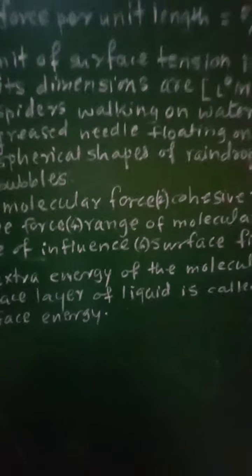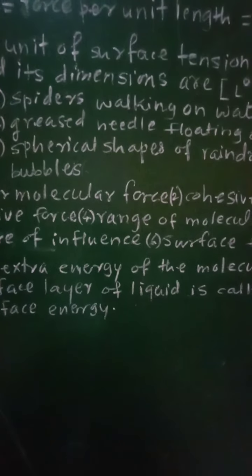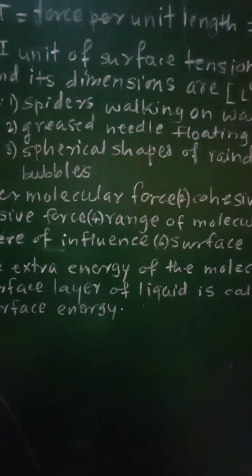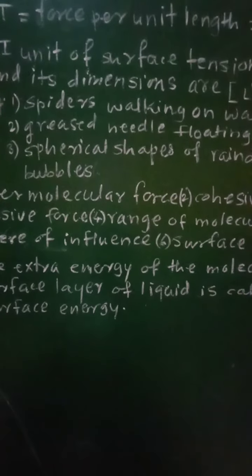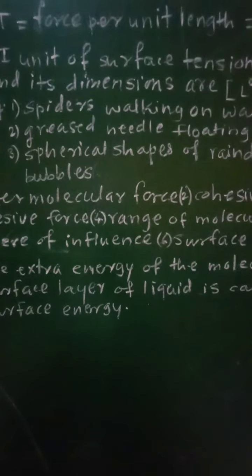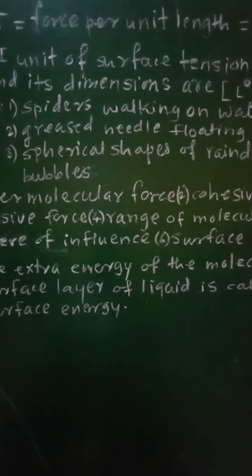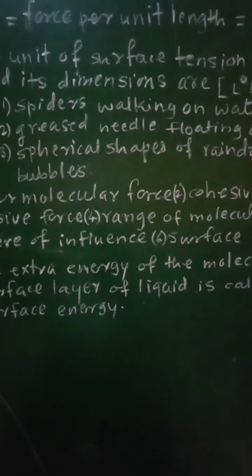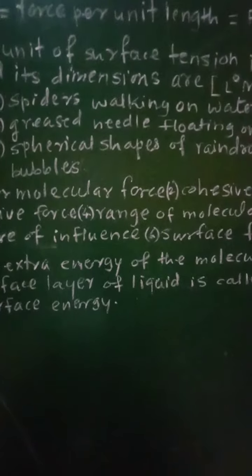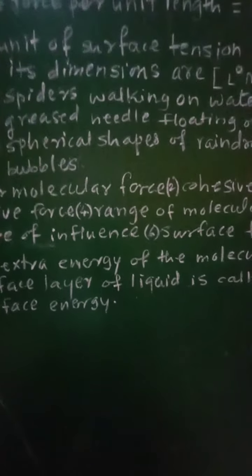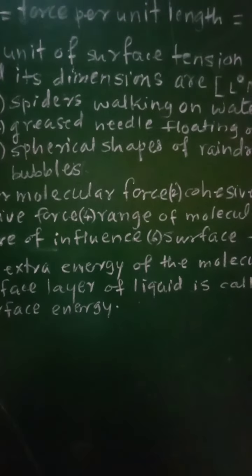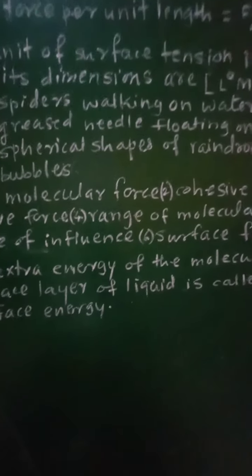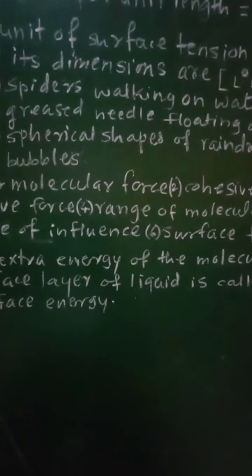Now if you consider this concept of surface energy, we know that as any system always tries to attain a state of minimum potential energy, the liquid reduces the area of its surface film. So, due to the surface tension of the liquid, that system will try to minimize its potential energy.